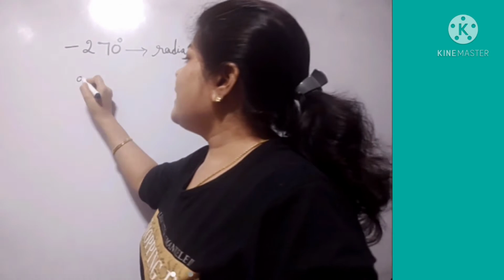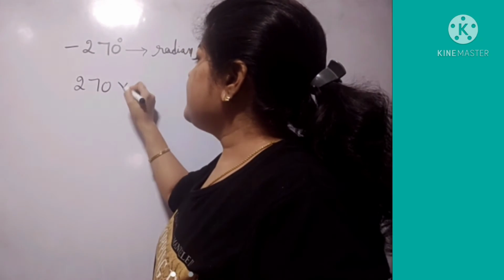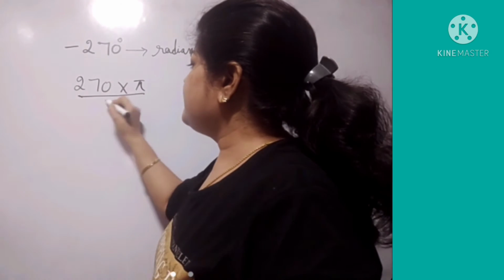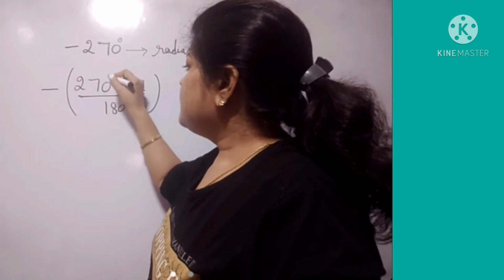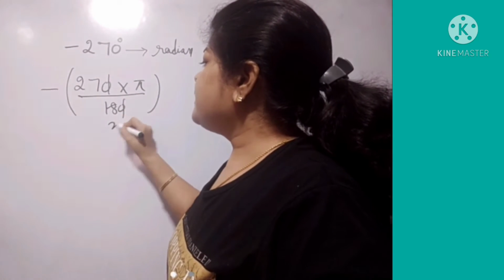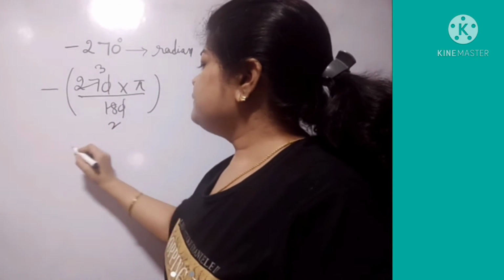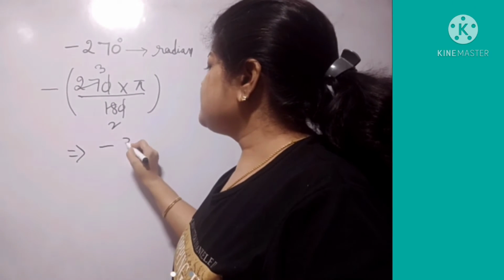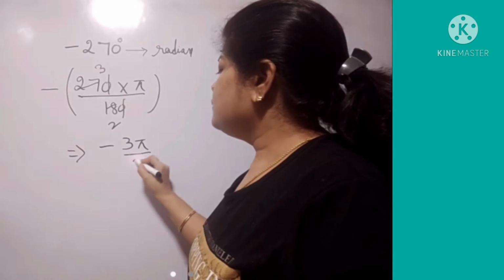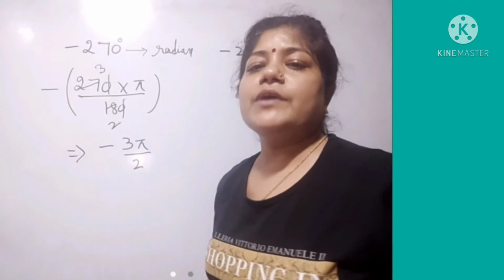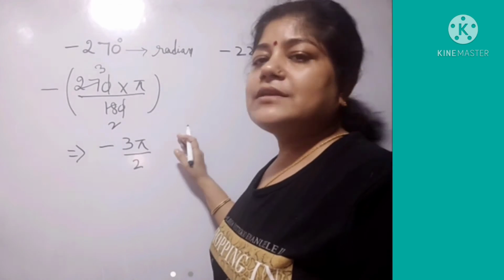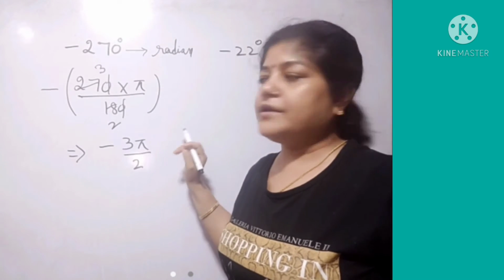Simply solve it as 270 into pi by 180 along with the minus sign. Now when we solve, 9 2s are 18, 9 3s are 27 and our answer becomes minus 3 pi by 2. So simple. Don't be confused about the minus sign.